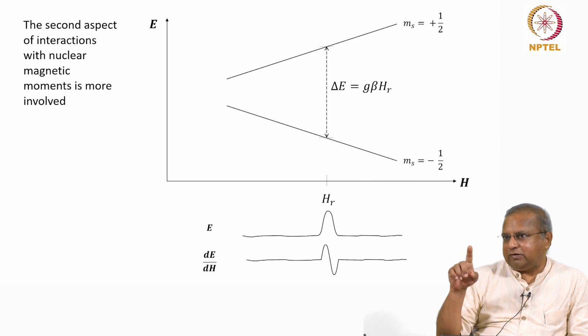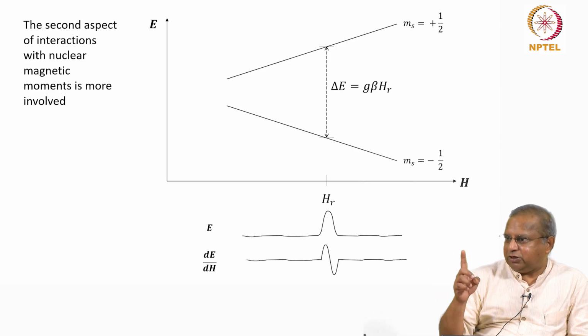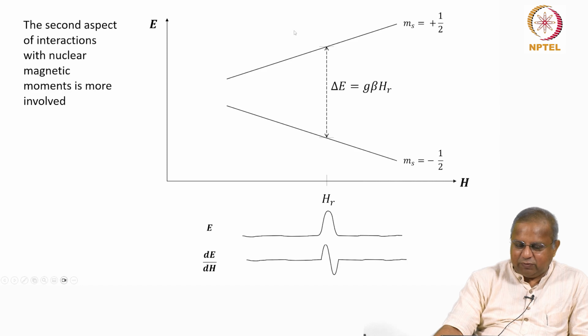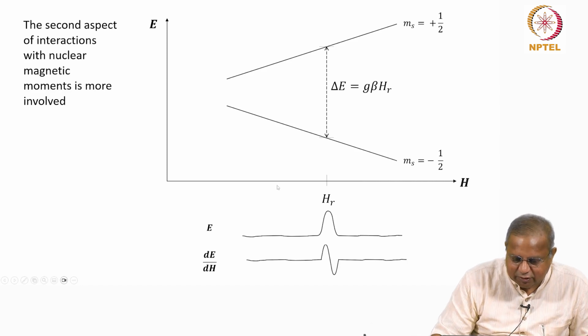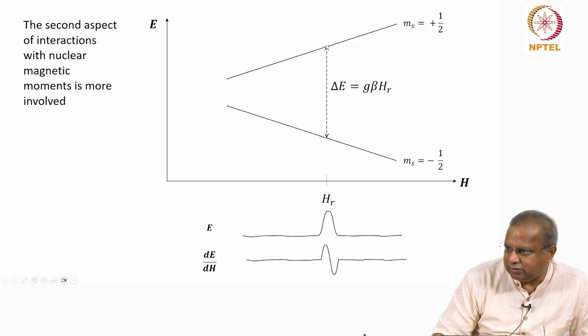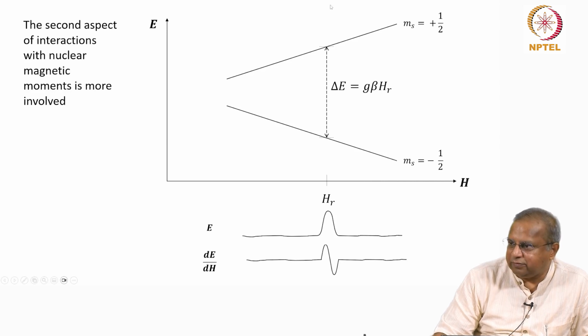If it is aligned with the field, it will have this energy. If it is aligned against the field, it will have this much energy. So if this difference is matched by your HR or H, then it will switch. Only then will it switch. Otherwise, it's not going to switch. That's what it means. Anything else that is not clear?